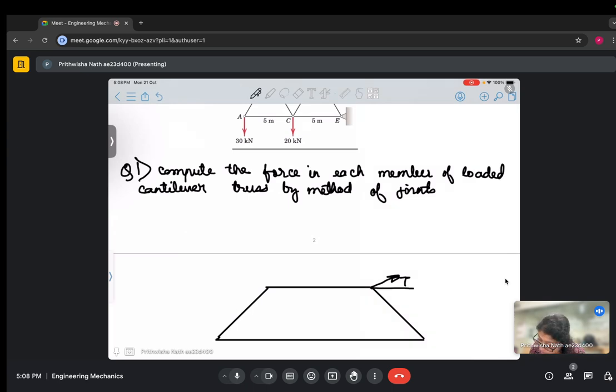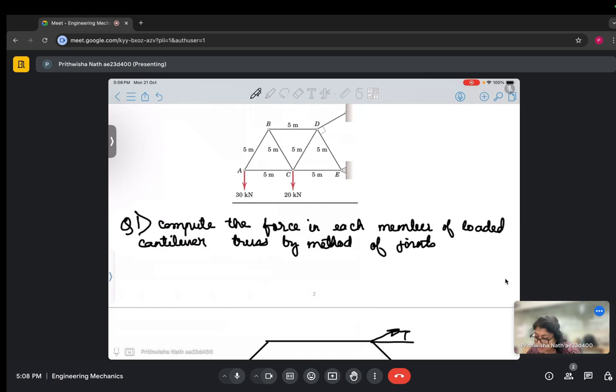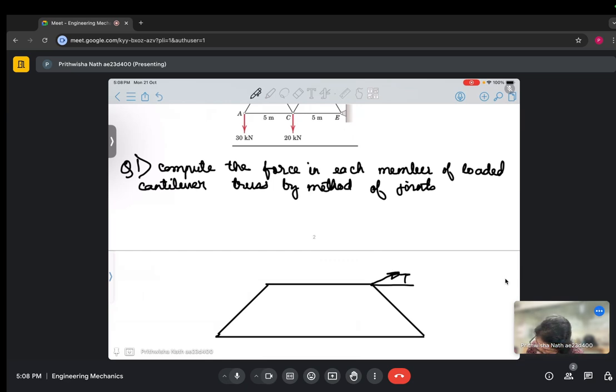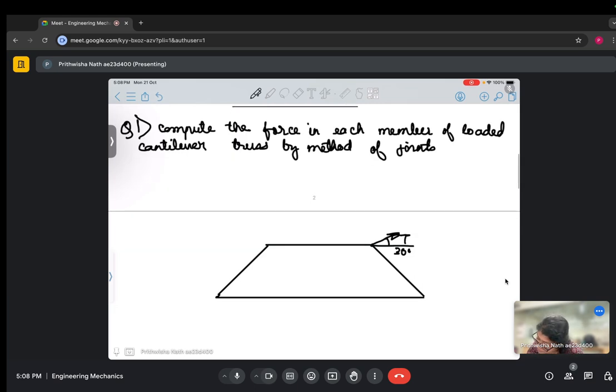So this angle is nothing but 30. The forces here are mentioned. And here it will be reaction forces. And this side is 5 meter, this side is 5 meter.